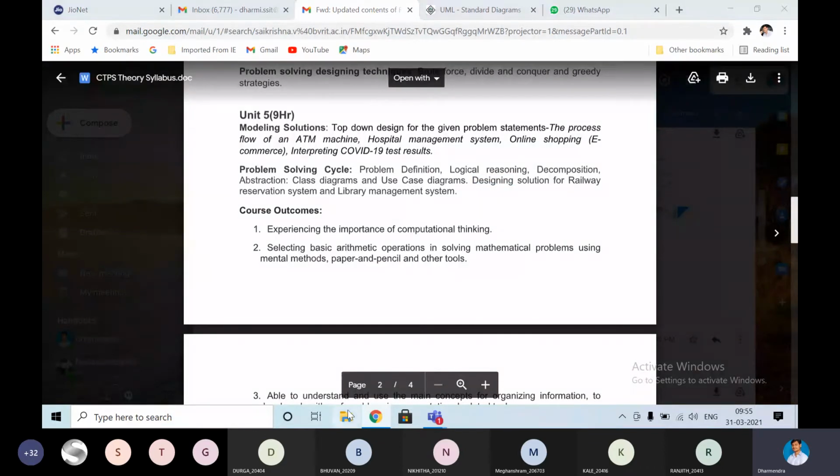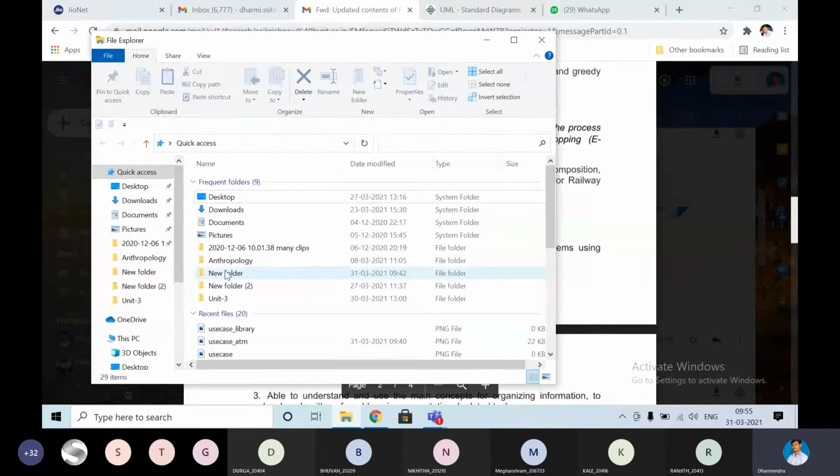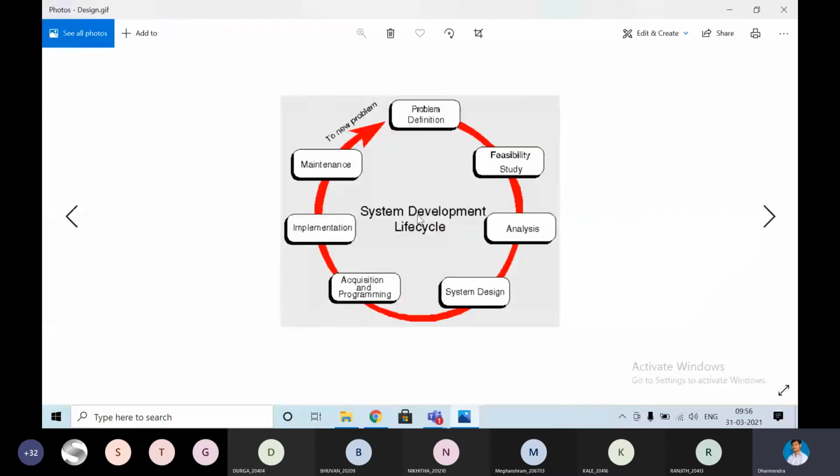Here, let me show you. Different people will give different things about the problem. The system development cycle they have given is a problem development or application development cycle. There will be problem definition, meaning understanding the problem properly.